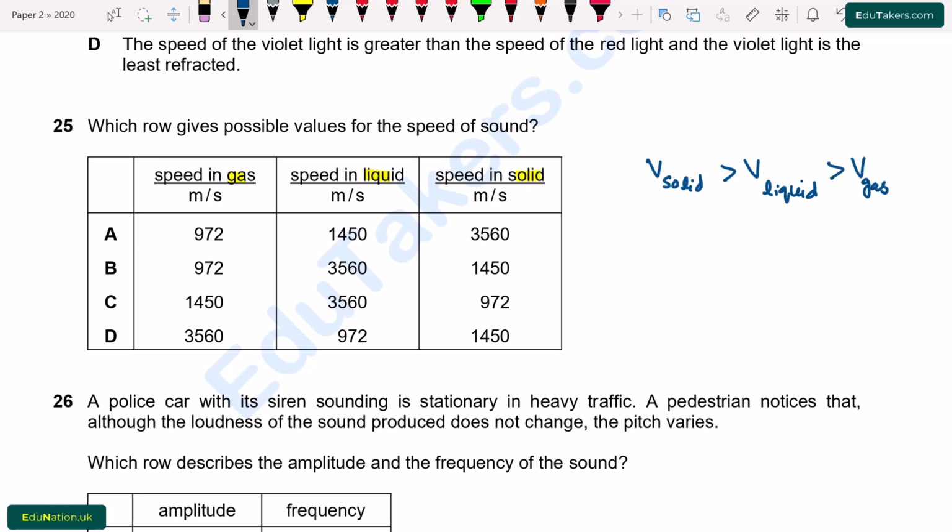So from here we see option A, 972, 1450, 3560. So this option is correct because this is largest, Vs, V liquid and V solid, V gas. So here Vs is greater as compared to Vl, which is greater than Vg. So option A is correct.